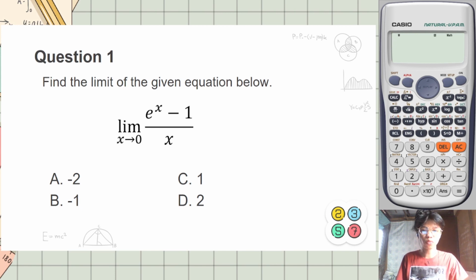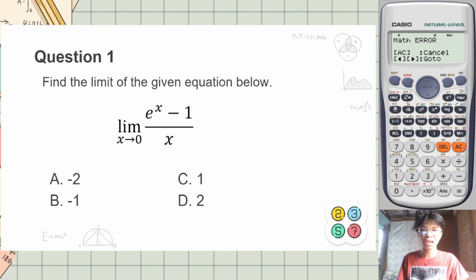First, we need to input the equation, which is e raised to x minus 1 all over x. Press CALC, so we need to approximate the value of x. As x approaches 0, try 0. Suppose you don't know what the limit should be, whether it is exactly 0 or not. When you press 0, it will display a math error.